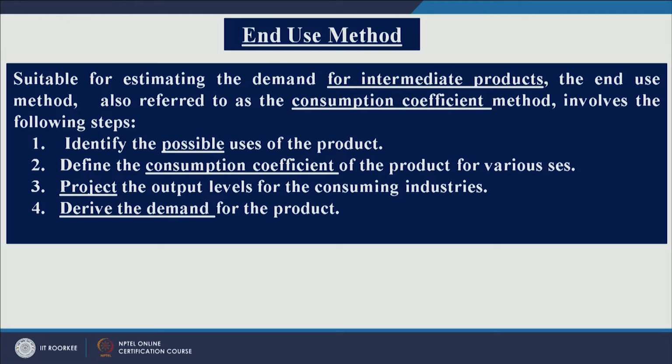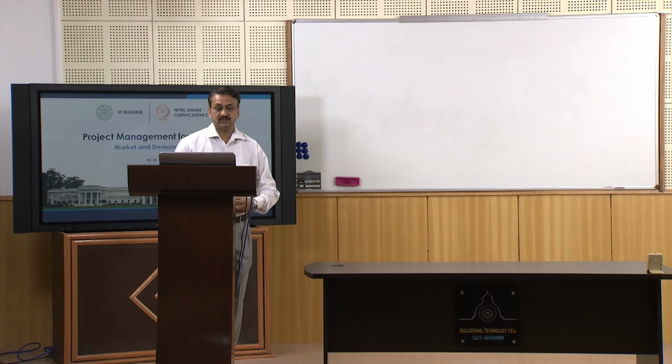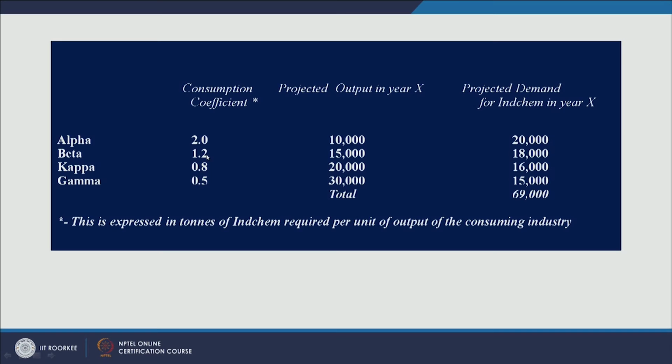We will take up an example, things would be clearer. So, let us look at this. The example is we want to know the demand of a particular chemical, and the name of the chemical is Inchem. This chemical is being used by 4 different industries, say alpha, beta, gamma and kappa.